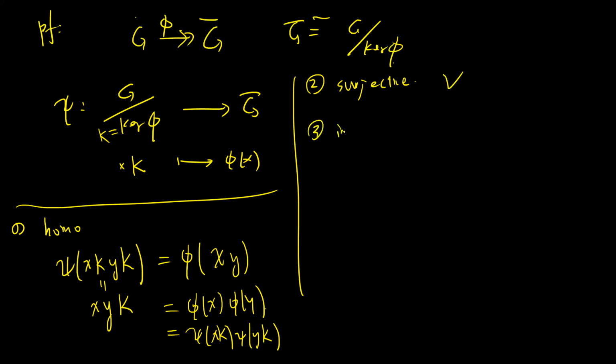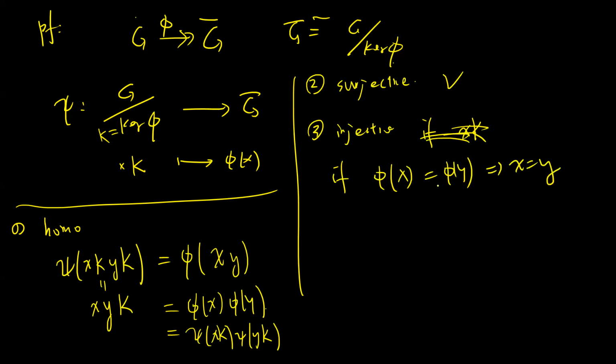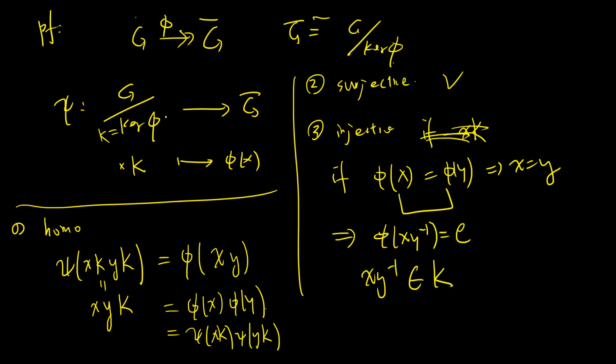Now for injectivity. Injective means that if phi of x equals phi of y, then xK must be the same as yK. So if phi of x equals phi of y, it means that phi of x y inverse is the identity. So x y inverse belongs to K, because K is the kernel of phi.